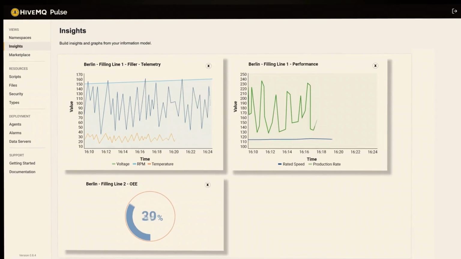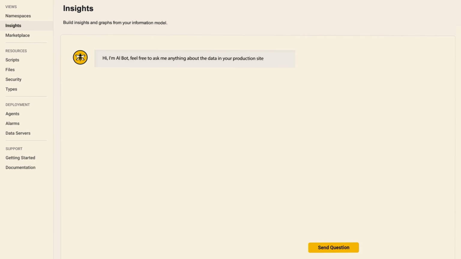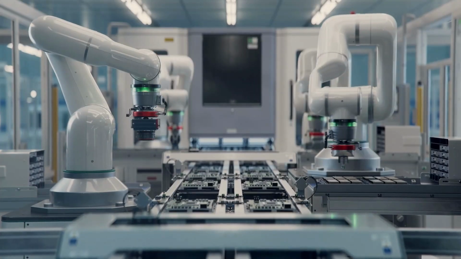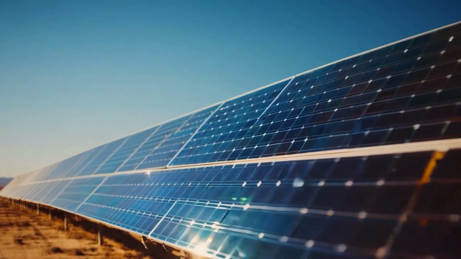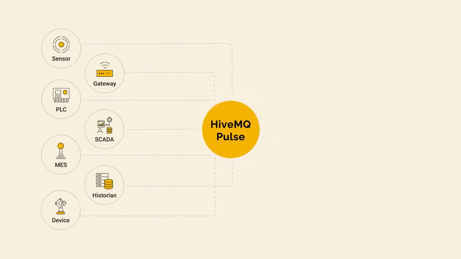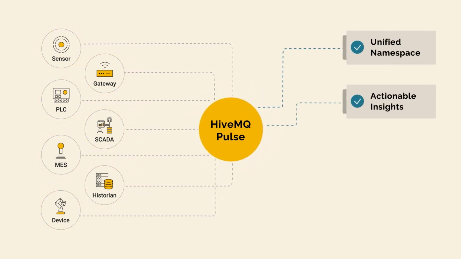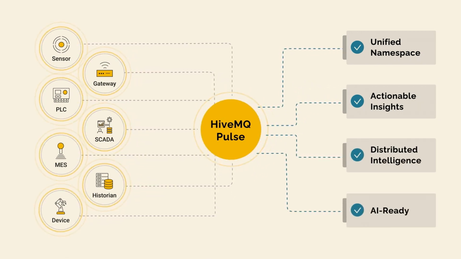Gain real-time insights by acting on data in motion for better decision-making. And enable distributed intelligence, enhanced by AI and ML for smarter decisions at the source. We can help you manage, transform, govern, and derive insights from distributed devices and systems, even in resource-constrained and high-throughput environments. With HiveMQ Pulse, your IoT data is always accessible and optimized for impact, powering a unified namespace, delivering actionable insights, enabling distributed intelligence, and ensuring your data is AI ready.